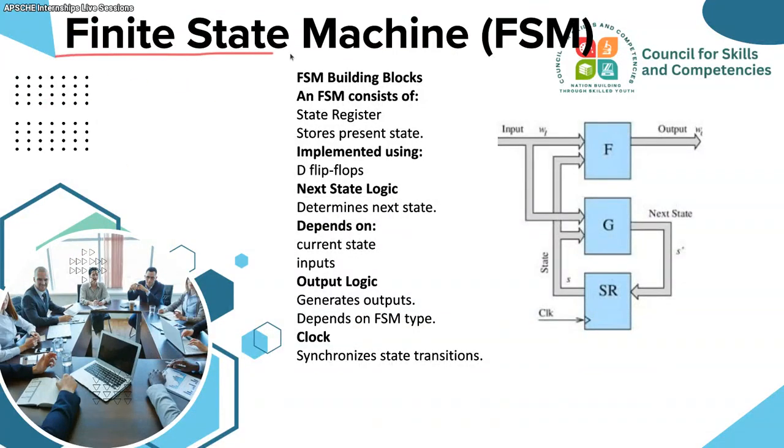So for this, what is the building block? It consists of a state register. We need a state register to store the present state, which is implemented using flip flops.